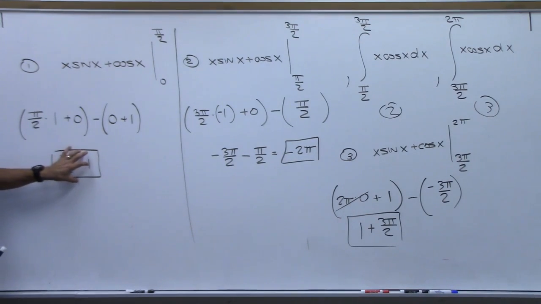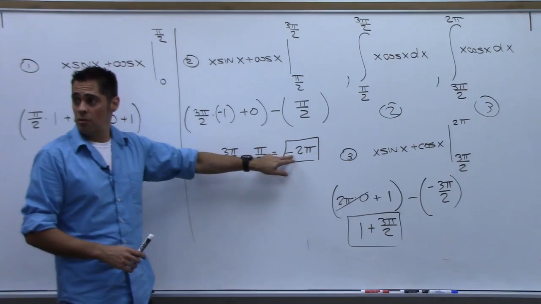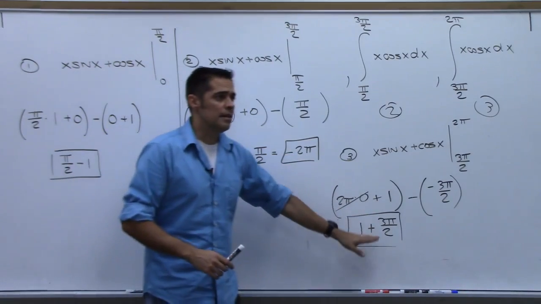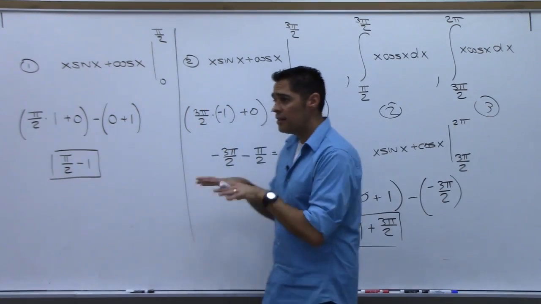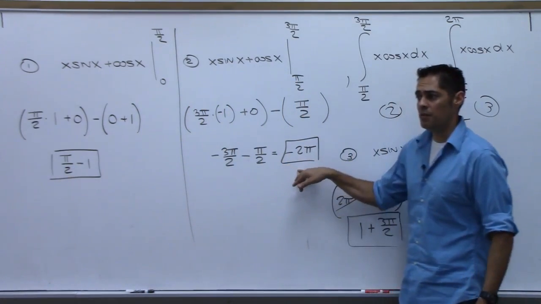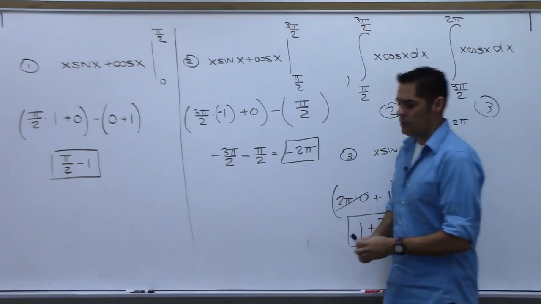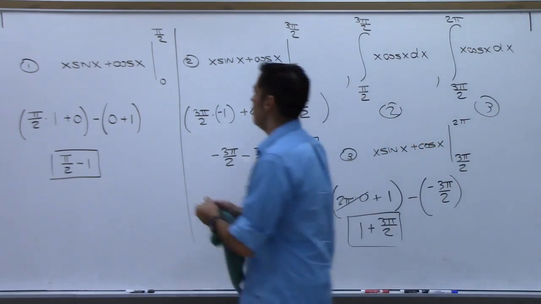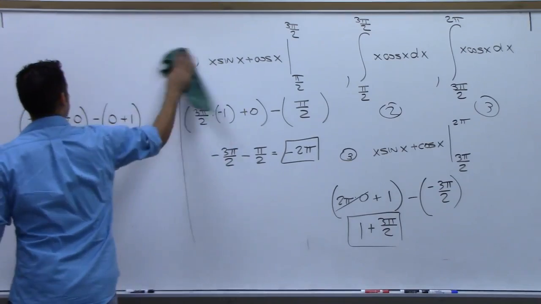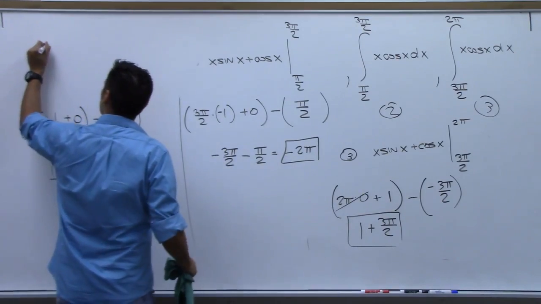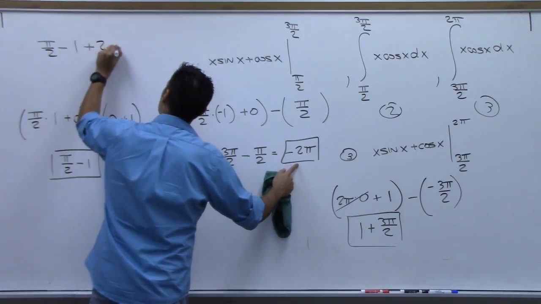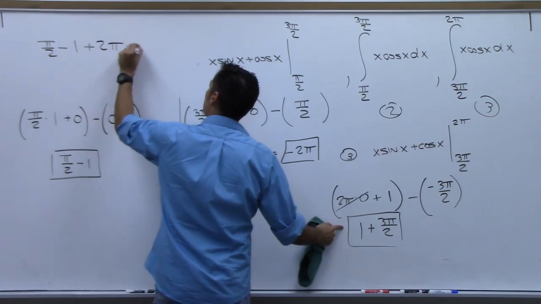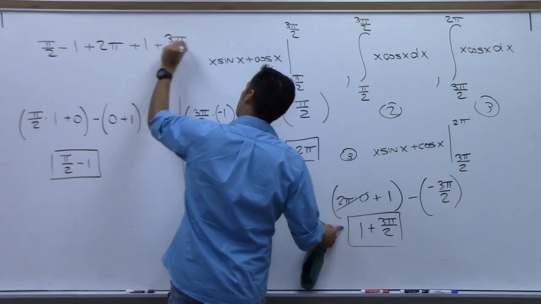But now if we wanted the total area, counting everything as positive, then what we would do is we take this number, change that one to a positive, and then take this number, right? So everything that's above the x-axis, you just keep the answer. Anything that's below the axis, just change the sign to positive. So if we wanted that, the answer would be pi over 2 minus 1 plus 2 pi this time, and then plus 1 plus 3 pi over 2.